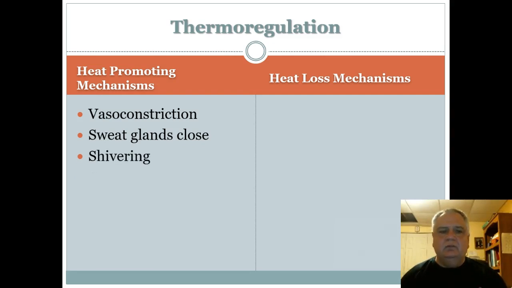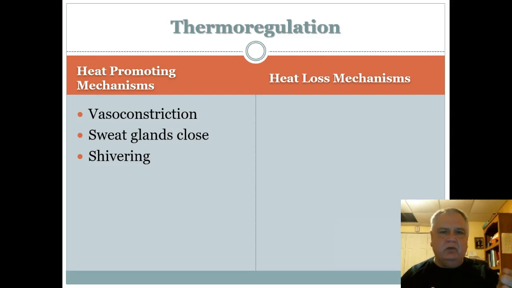Now, in addition, we can also start to shiver. And what happens whenever we shiver? Well, we go all the way back to our discussion of the muscular system at the beginning of the semester. We know that when muscles undergo contraction, ATP is necessary to cause the sliding filament hypothesis to occur. And when ATP is broken down, remember, little energy is transferred.